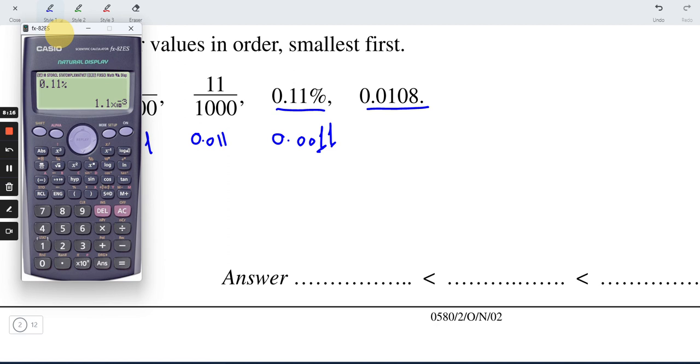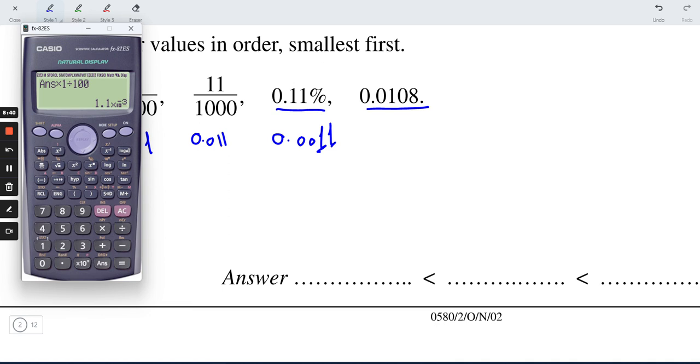Here they changed it to standard form. You can change it by 11 dividing 100, then multiplying by 1 over 100, and you will get the same.